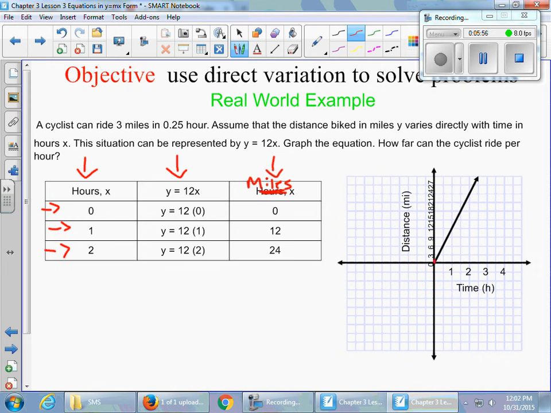That's the origin of our graph right there. Then we have 1 and 12, right there. And our other point, we take our pairs. Here's our 0, 0. Here's our 1, 12. And our 2, 24. Go to 2, go to 24. Just right about there.